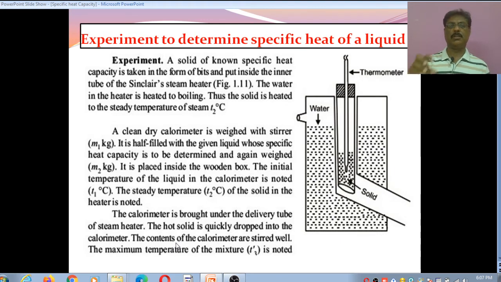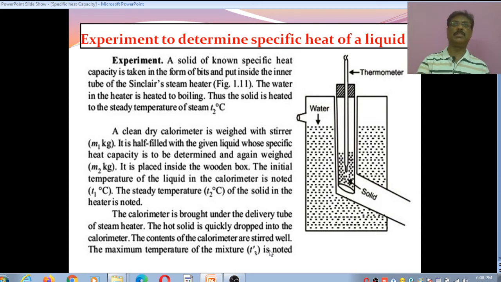So a common temperature is reached. After mixing, you note down the maximum temperature of the mixture. Let it be T3. So T3 is the temperature of the mixture now.